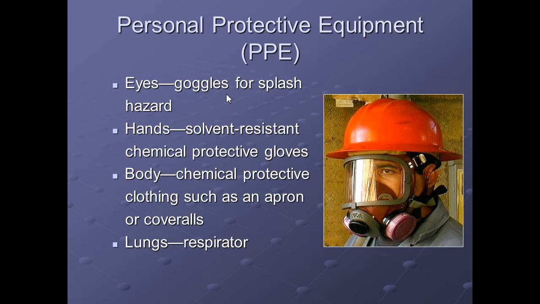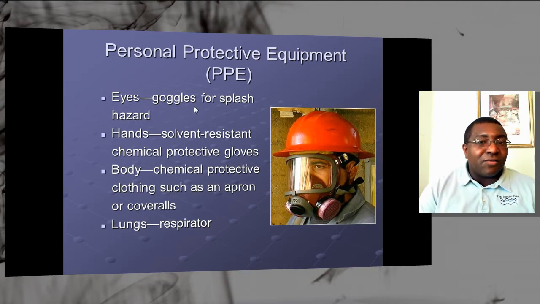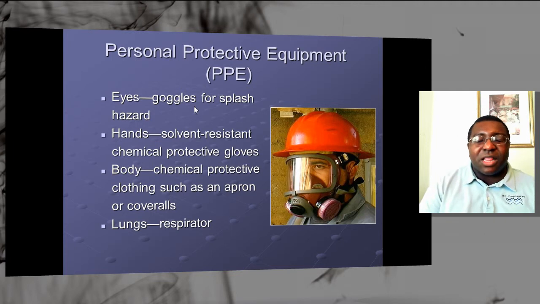PPE, we've gone through this in several different ways, so you know to protect yourself. If you're choosing PPE, you should have a hazard assessment for the PPE that you choose. So it may not be good enough to say I need gloves. A hazard assessment is going to show you exactly which gloves. If you need latex gloves, if you need puncture resistance gloves.